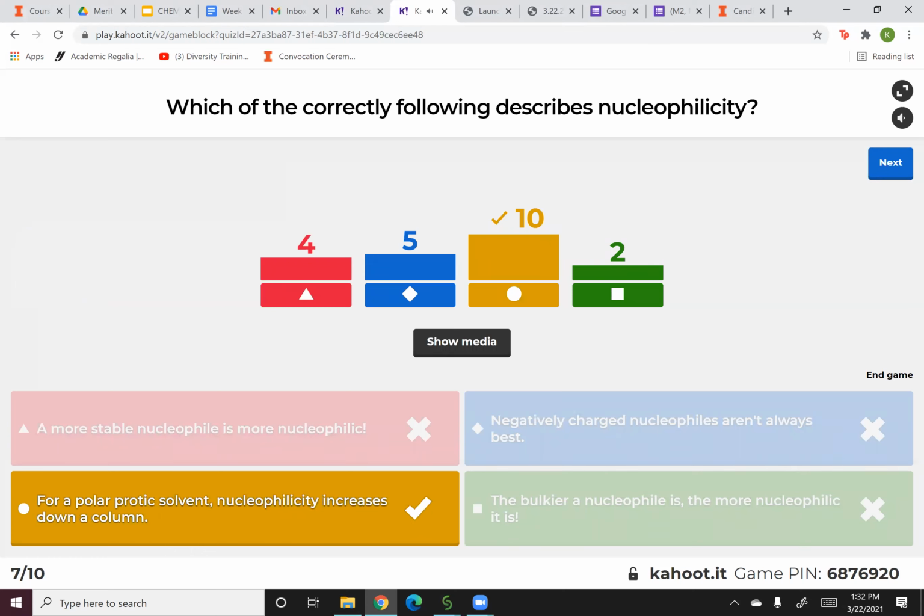All right, so overall we agree. Let's work through these though. First off, the red choice, a more stable nucleophile is more nucleophilic. Why is that wrong?